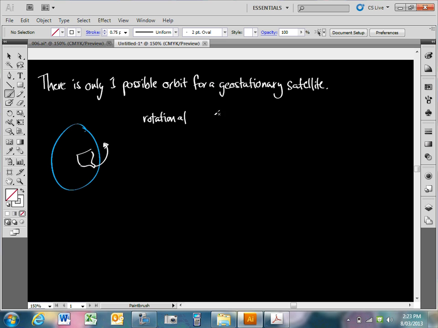Kilometers per second? That's a lot. The rotational speed of the Earth is approximately 500 meters per second at the equator. That's a kilometer every two seconds.